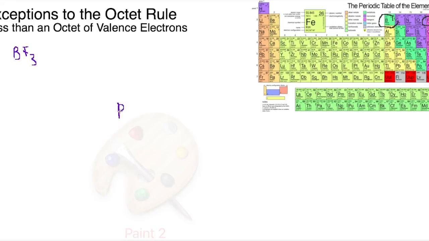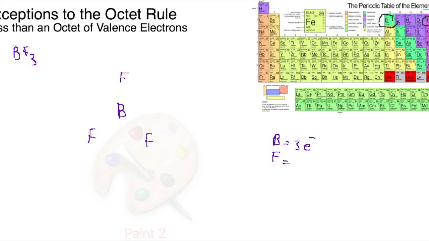Boron is in the middle since it's a single atom, and then we've got 3 fluorines, which I'll put around boron, like this. Now we have to figure out how many total electrons we have. Boron belongs to group 3A, so it has 3 valence electrons available.